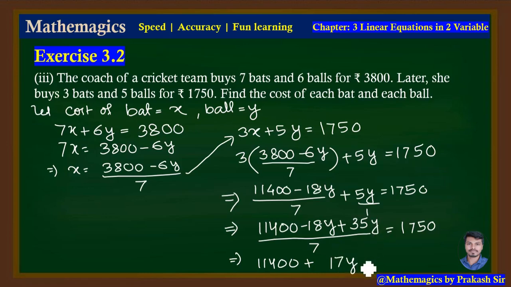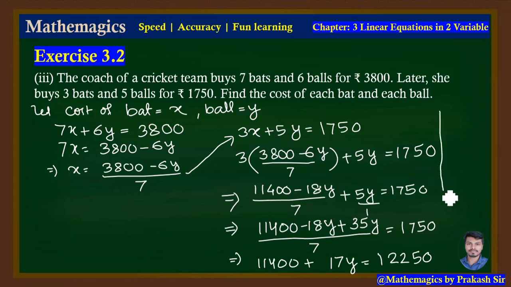It is equal to 1,750, which will be multiplied with the 7, that I am just going to do directly so that we can save the time. That is 1,750 multiplied by 7. So answer is coming 12,250.